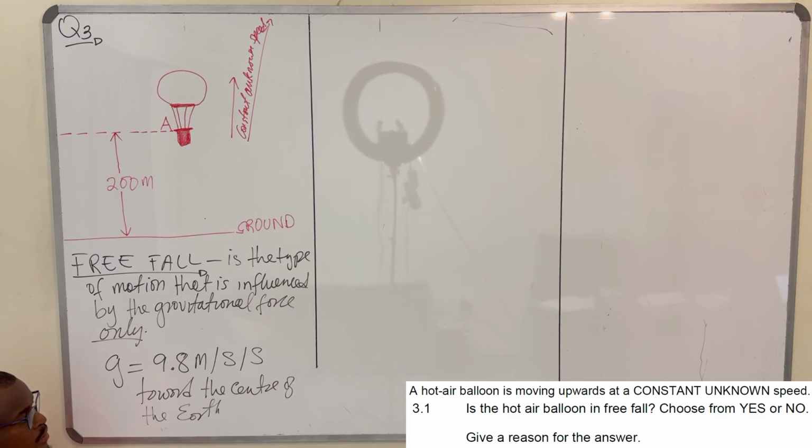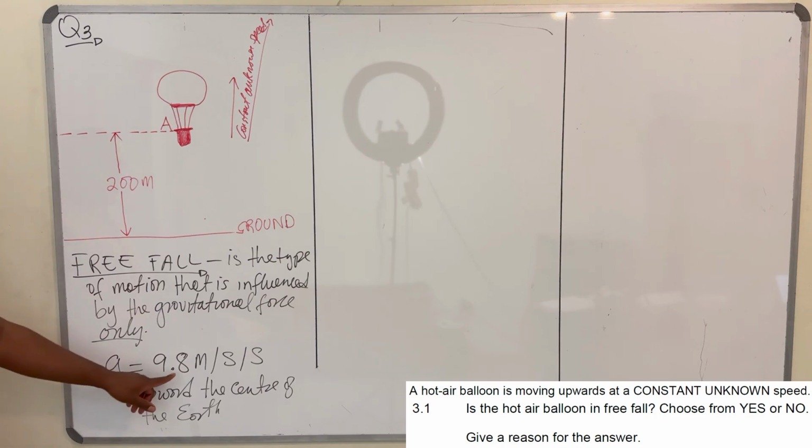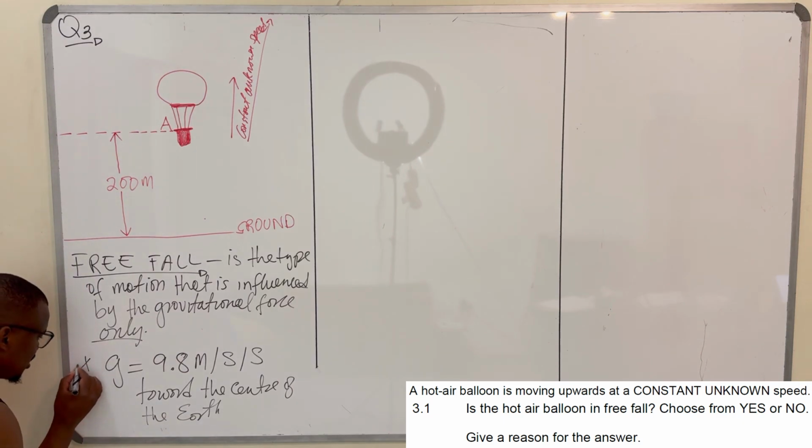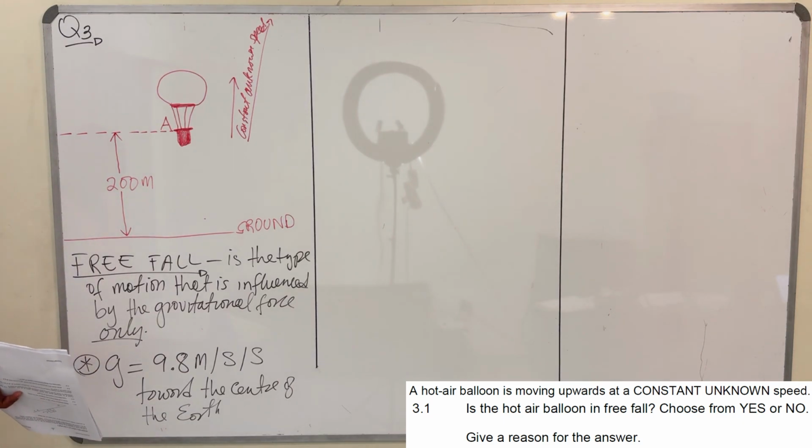So we know that the gravitational acceleration of a free-falling body is 9.8 meters per second squared. This is the magnitude of the acceleration towards the center of the Earth. This will be the acceleration of your motion.